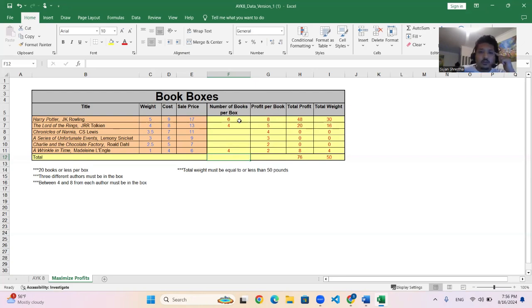So from this scenario we have three different books: six Harry Potter books, which is between 4 and 8, four Lord of the Rings books, and four Wrinkle in Time books. We can get the maximum profit of 76 and the total weight will be 50.